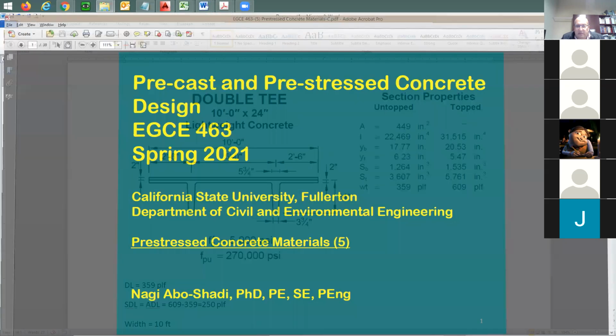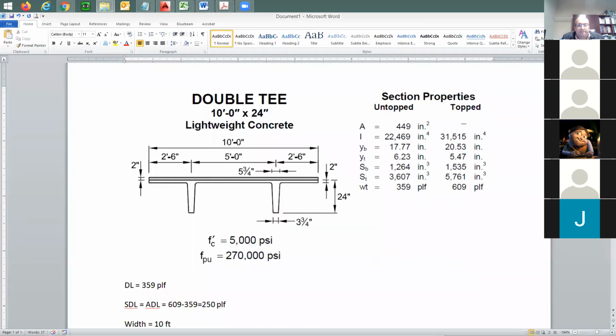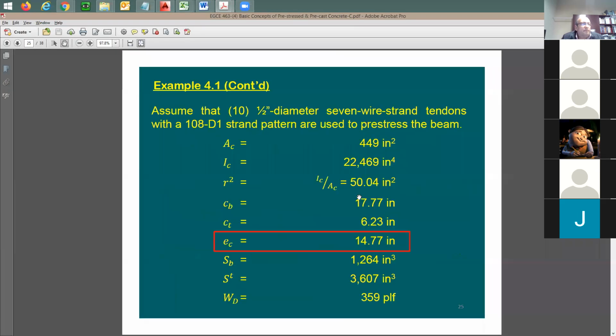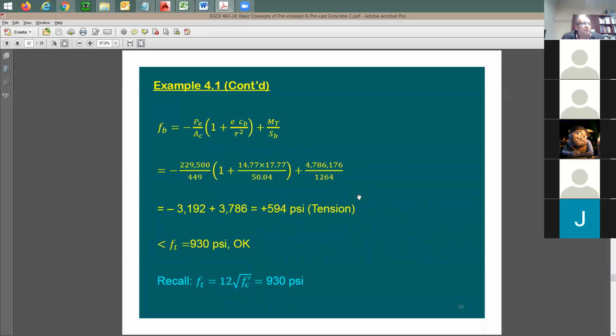The slide set doesn't really include what I'm looking for. We went through all of these equations, right?